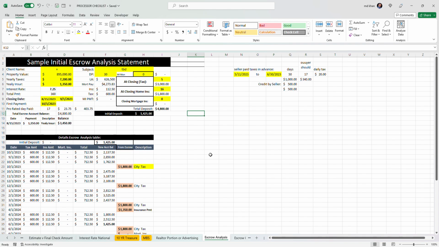Okay, now what are the other things? From your closing date, your first payment will be 10/1. So now we have to calculate the 15 days here, right? And another 30 days, so 45 days.